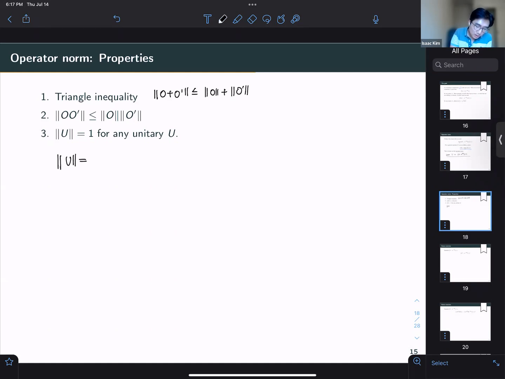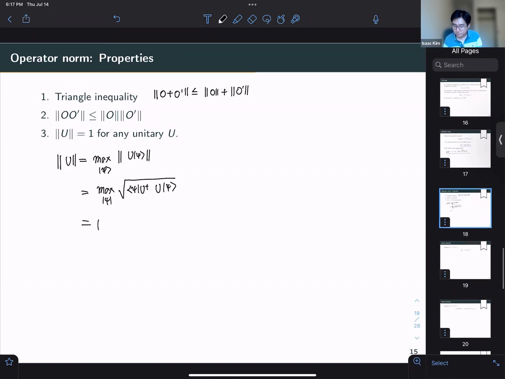This is easy to see from the definition: the norm squared is psi, U dagger U, psi, but U dagger U is identity, so that's just 1, no matter what psi is. So these are the basic properties of the operator norm.